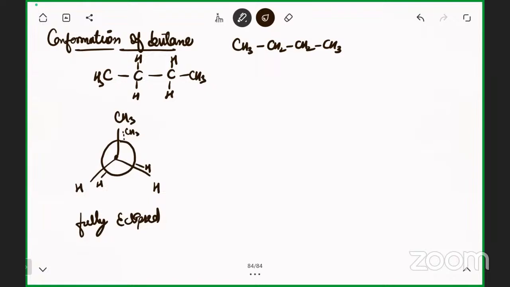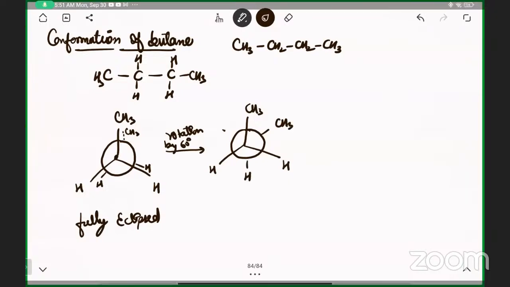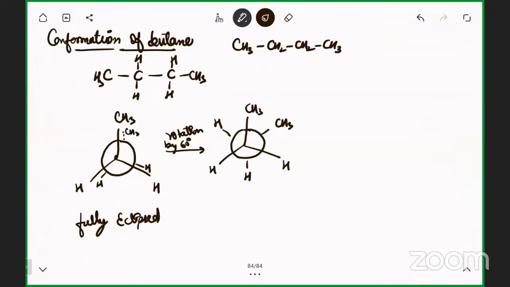Okay, fully eclipsed form. Just do a 60 degree rotation. The compound form will be CH3, H, H. CH3 will come at this position, H will become this position, H will come this position.